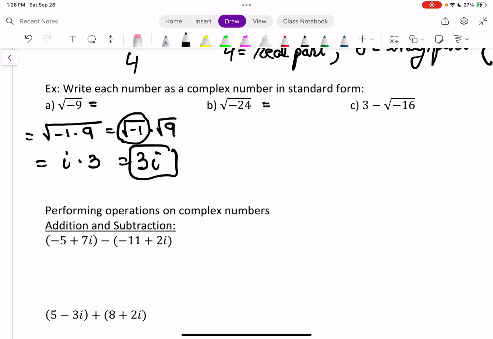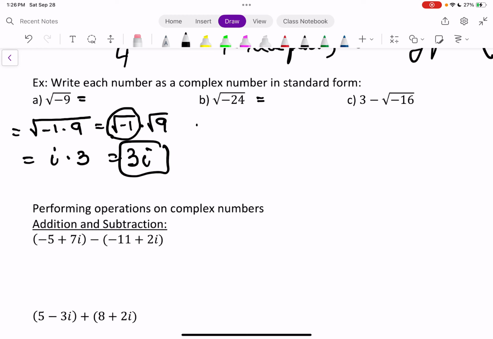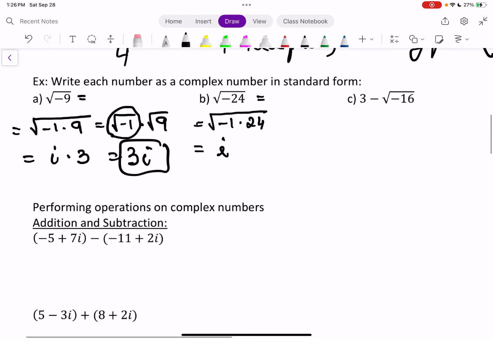Let's try this again. I'm going to take the square root of 24 and look at it as -1 times the square root of 24. The square root of -1 equals i, and the square root of 24 you can leave as it is. You may use calculators that can simplify radicals.